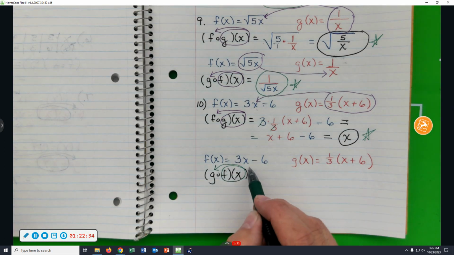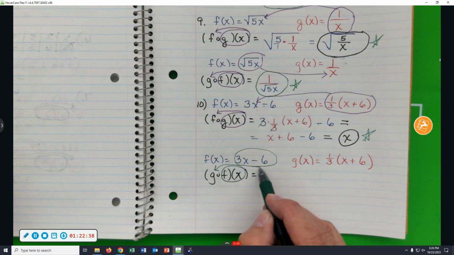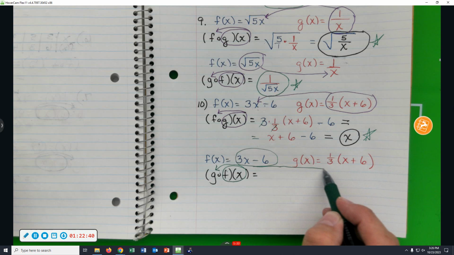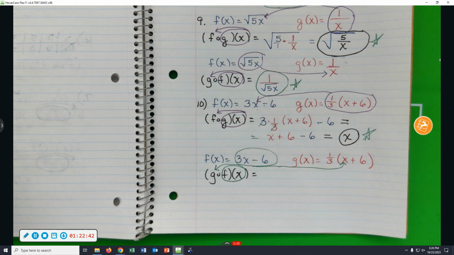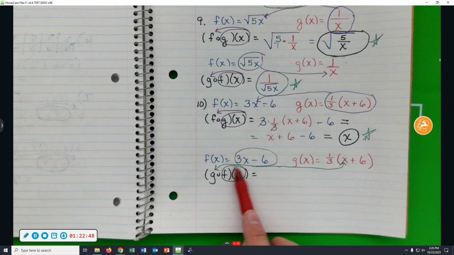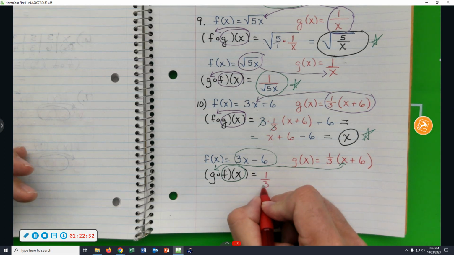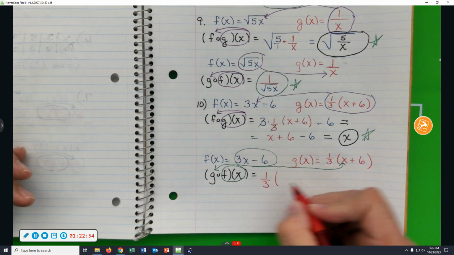So could y'all draw the arrows for what we're doing? We're plugging all of this in place of that red x. So I'm going to replace the red x with the blue 3x minus 6. So I'd have a red 1/3.